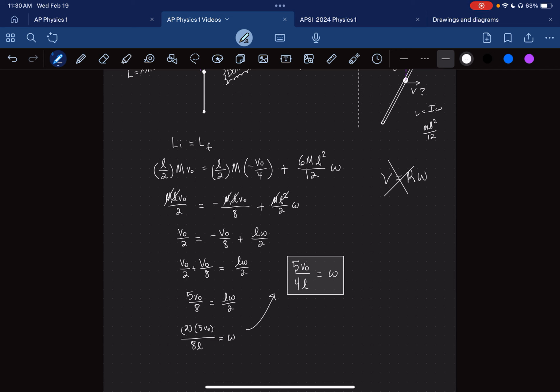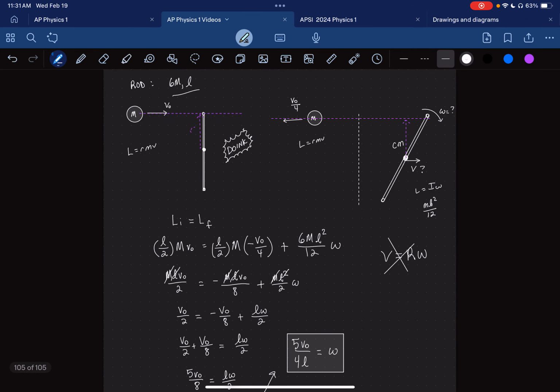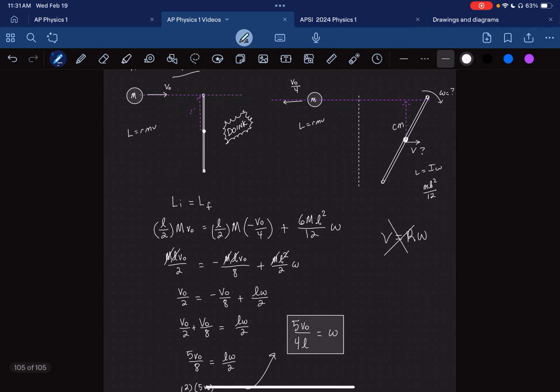This equation works for rolling motion, where you have a wheel that's rolling on the ground and there's no slipping. But in this situation, v is not related to omega. This is just spinning in space here. In other words, they're not related, and so we can't use this.